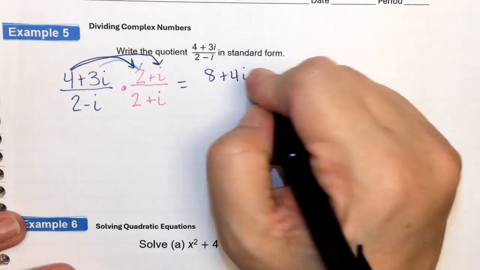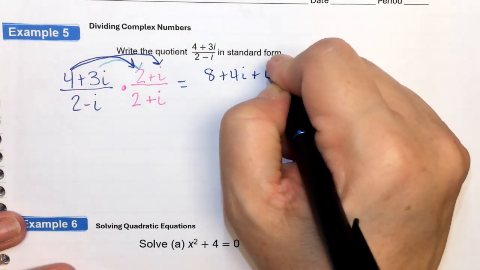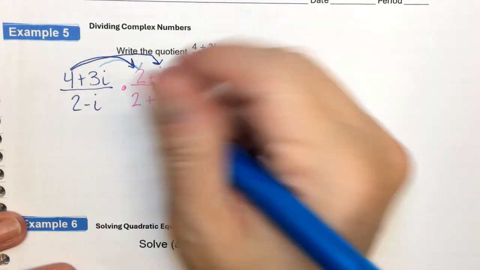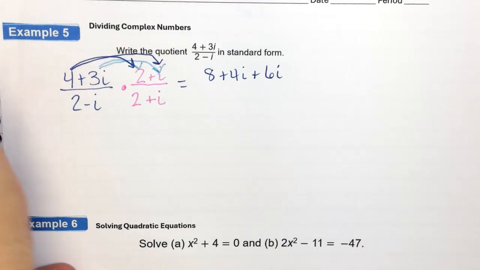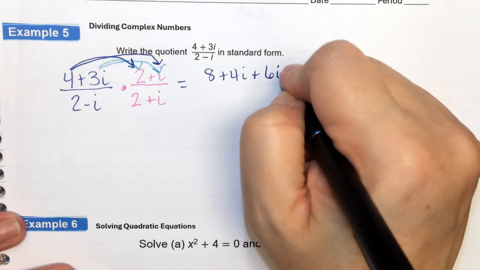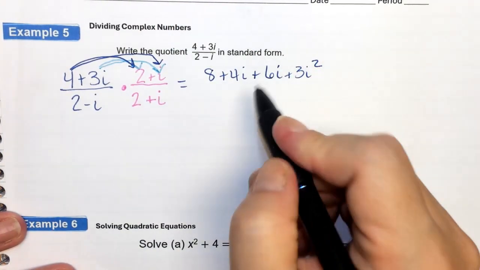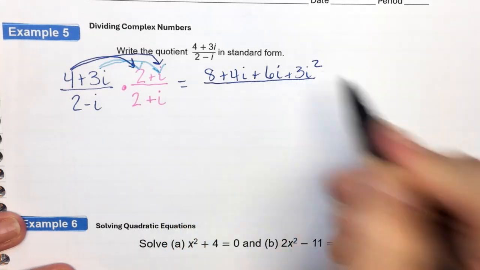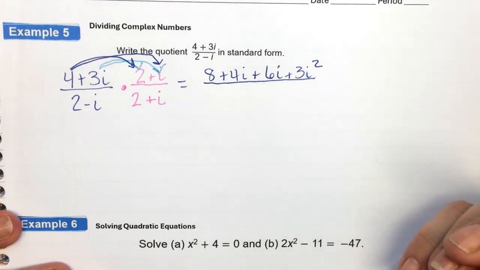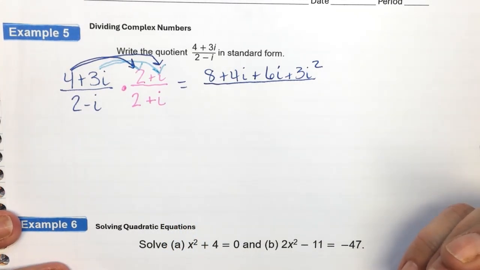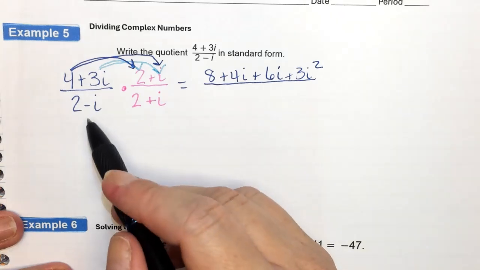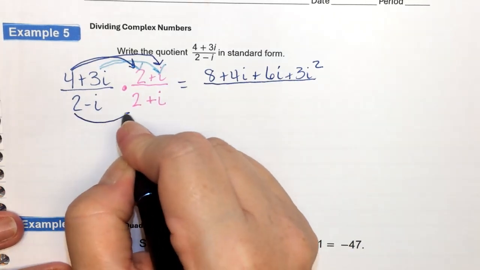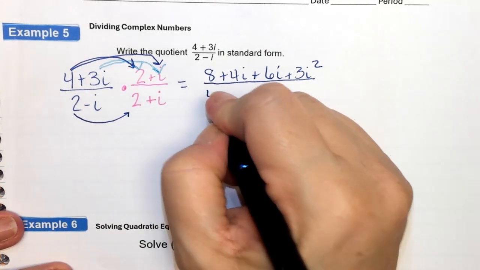So 3i times 2 gives us positive 6i, and then we have 3i times i. And so that's going to give us 3i squared. That's just for our numerator. It will be okay. It's basically like doing 2 multiplication problems in one. All right, and then we're going to do the same thing here. So we're going to multiply 2 times 2, and we're going to get 4.